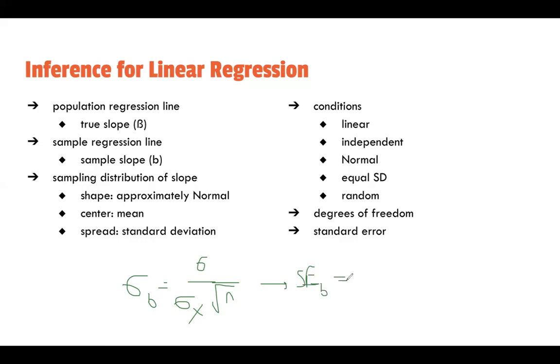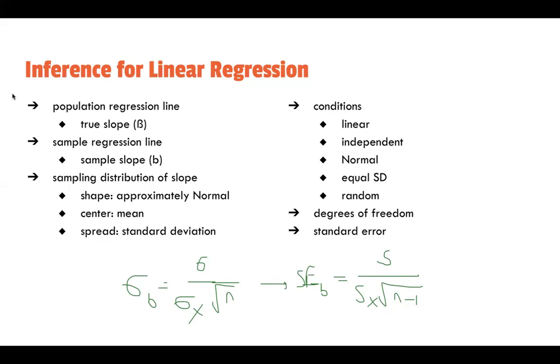Since we're not going to be given these actual population standard deviations, we're going to have to use sample standard deviations. That's going to be s over s sub x, and then this time times square root of n-1. Again, we don't know why that's the case. That's just a formula. And like I said, you're probably not going to have to use this formula ever. They're generally going to give you the standard error. That's one of the parts of the computer output, which I'll show you later.